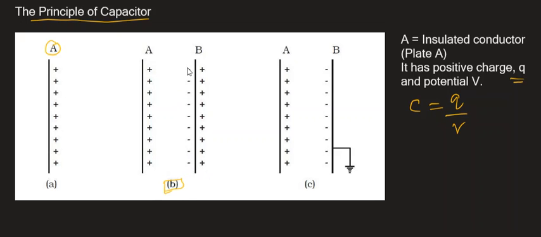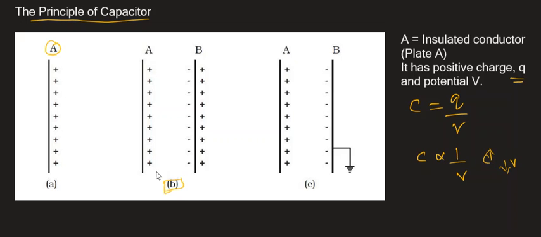Since this negative charge is very close to plate A, it tries to reduce the potential of A. Do you understand? So when you reduce the potential, according to this equation, C is inversely proportional to V, is it not? When V is brought down, C increases.